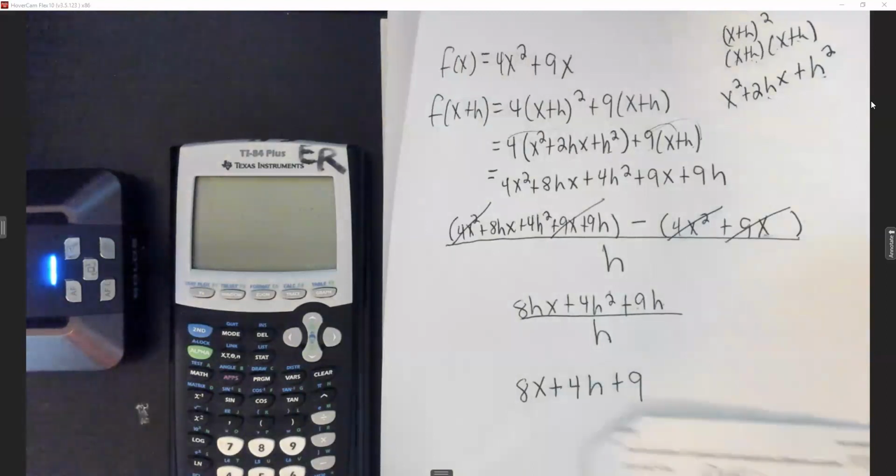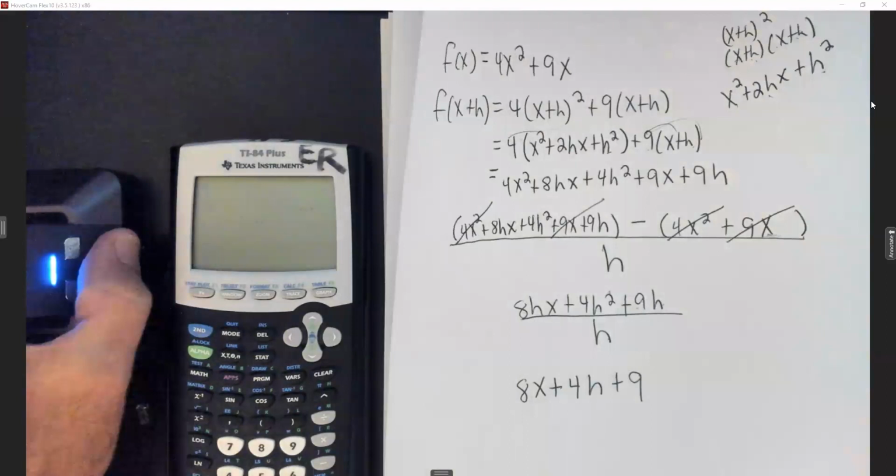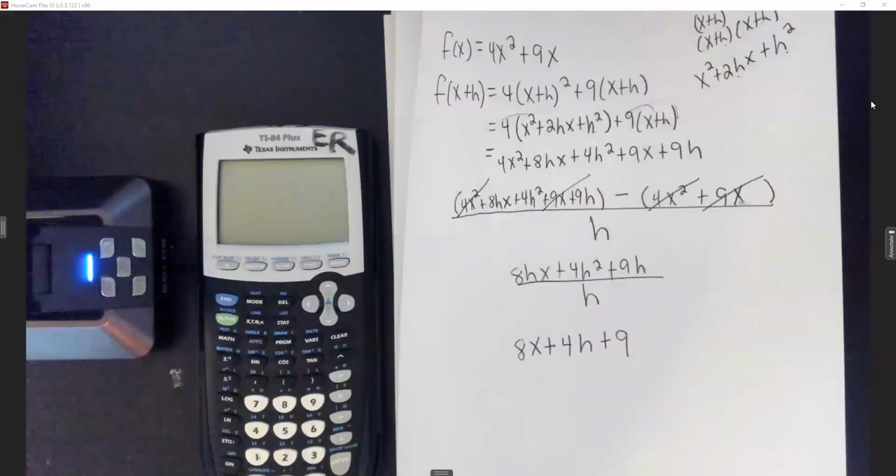All right, let me let y'all catch that up a second. If you're taking business calculus, know this formula, okay? Well, you don't have to know it, they'll give it to you, but know how to do it.